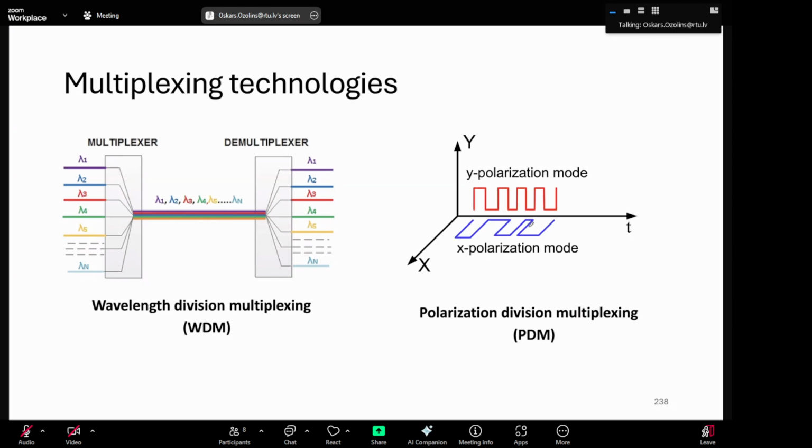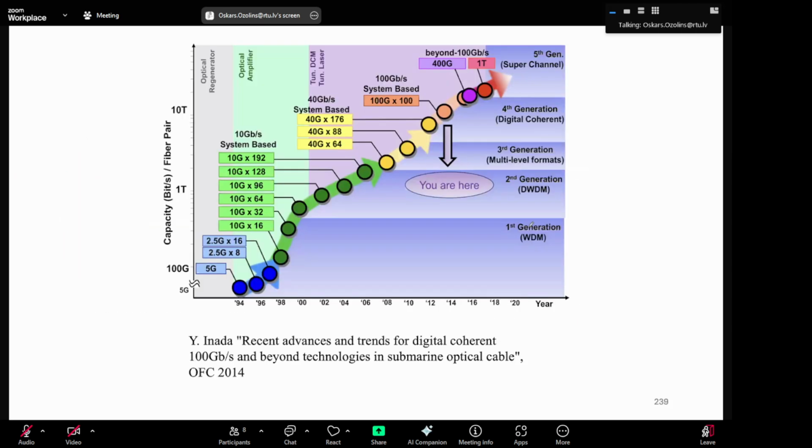Then something I have not touched upon here is different types of constellation shaping. I'm going to talk about that a bit later.